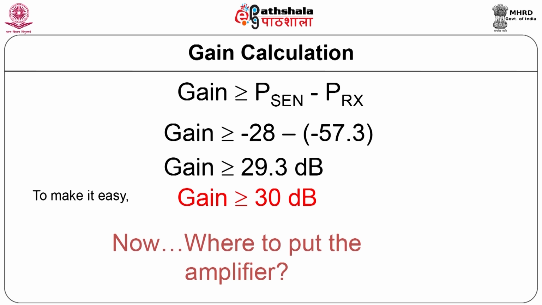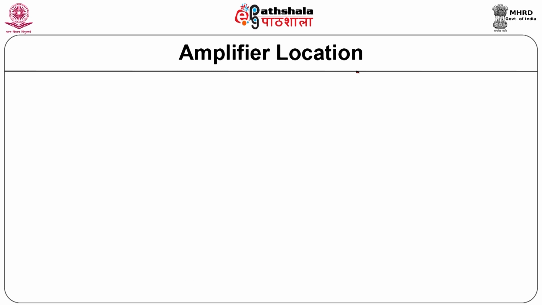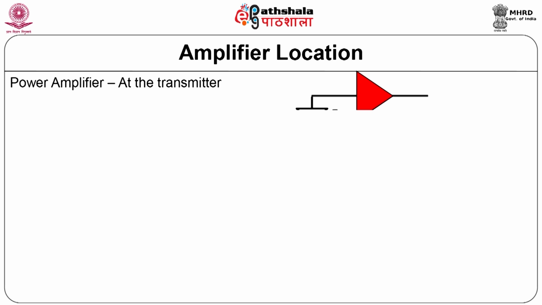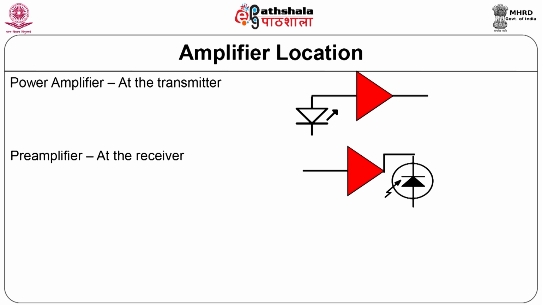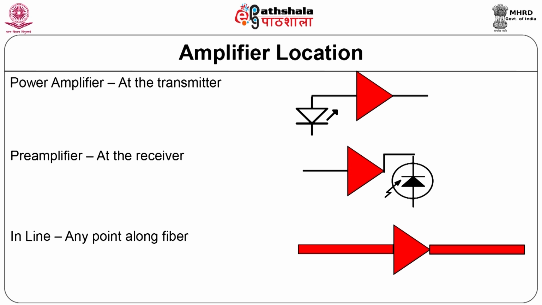Now, where to put the amplifier? So, we get the value of the gain now, but where to put the amplifier? Amplifier location. Power amplifier at the transmitter, pre-amplifier at the receiver, in line, that is at any point along the fiber.